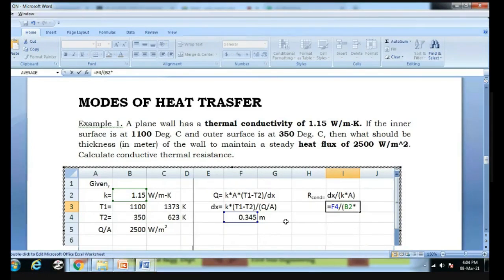Do you need to calculate area? Do you require it? We just want dx upon k, that is thermal resistance.